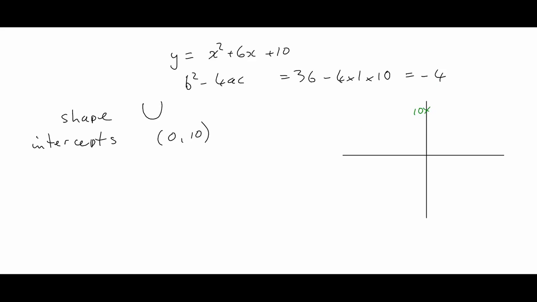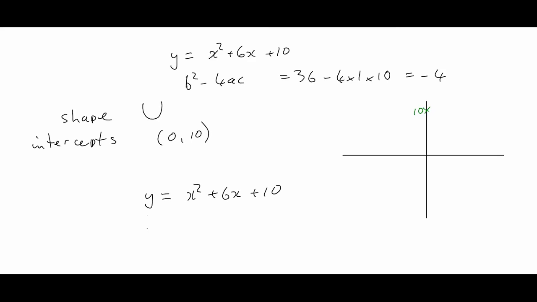To find that minimum, there are 2 ways of doing it. One way we'll meet later on when you do the differentiation topic, but the other way you can do already, and that is by completing the square on the quadratic expression. Now if you remember, we have y equals x squared plus 6x plus 10.